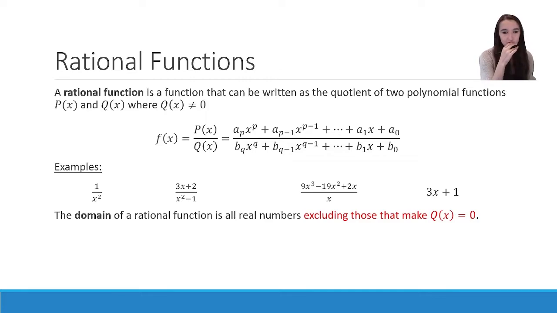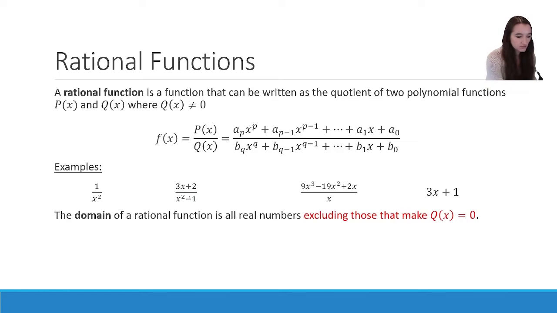So, the domain of a rational function is all real numbers excluding those that make q of x equal to 0, right? So, for our first example, 1 over x squared, q of x is x squared, so we can't have x equal to 0. That one's a pretty simple one.